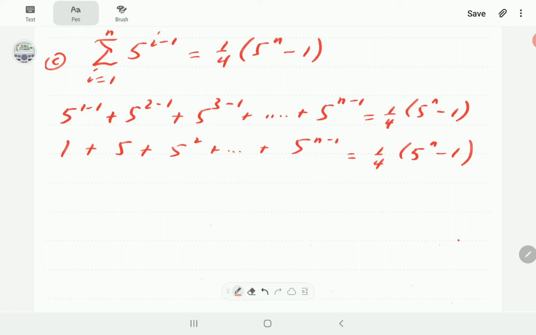So this time we notice that we are multiplying powers of 5. If we're multiplying powers of 5, this is a GP.